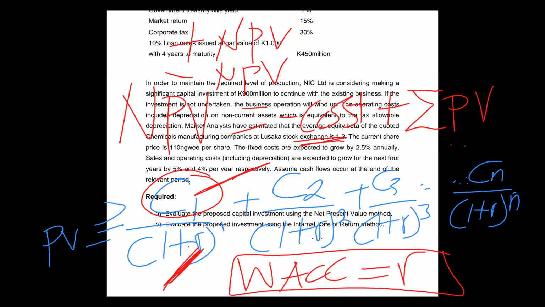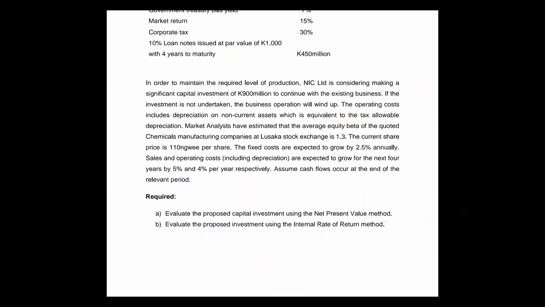No. So where is WACC now? WACC is to establish the cash flows and also find the R to discount the cash flows. So we got to calculate WACC. Now in this question, someone can say there was no WACC, because we can't see the WACC here.